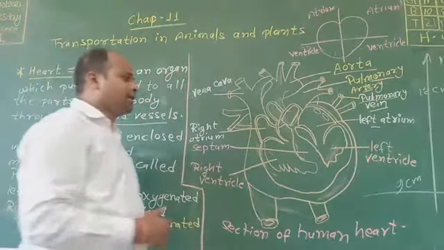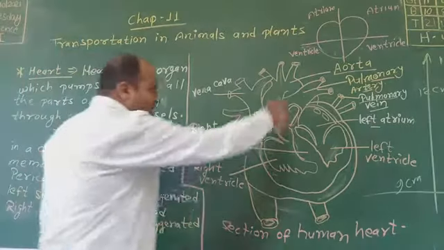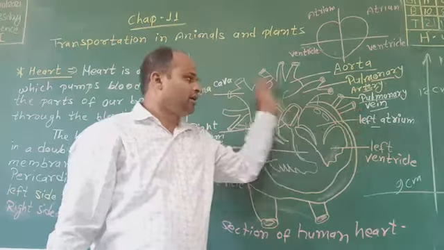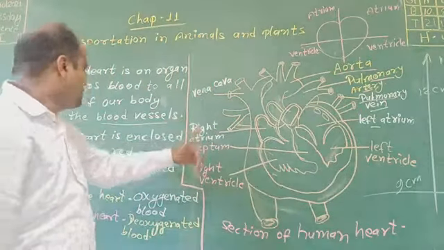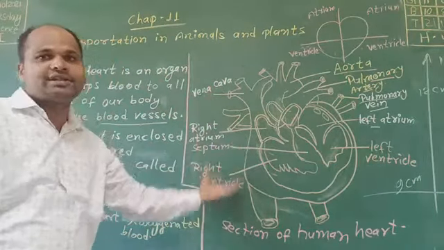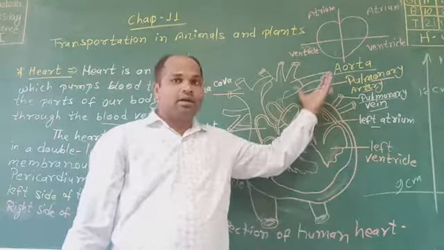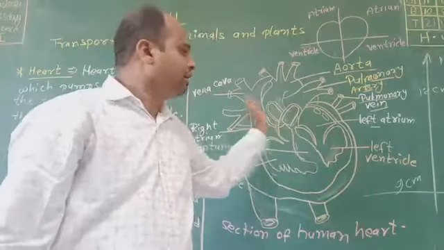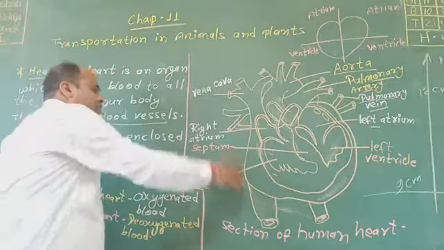Oxygenated blood means blood rich in oxygen, coming through the pulmonary vein, and deoxygenated blood means blood rich in carbon dioxide.